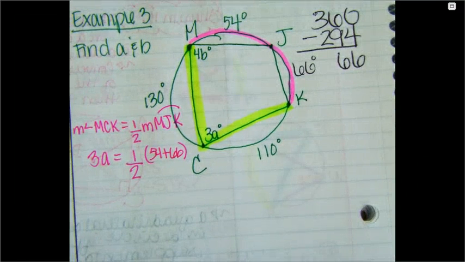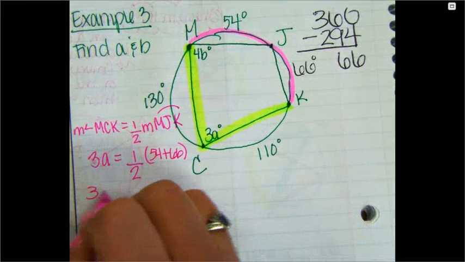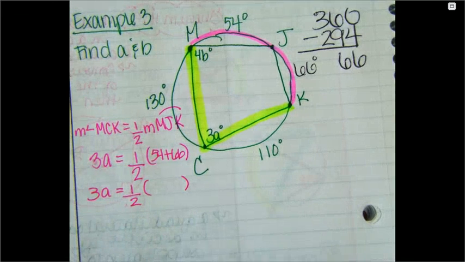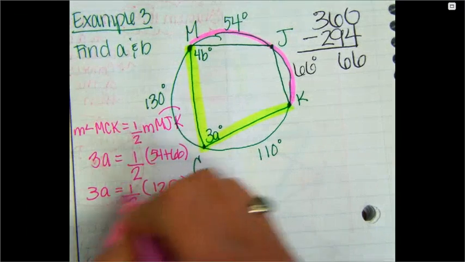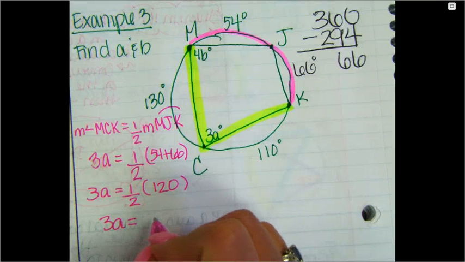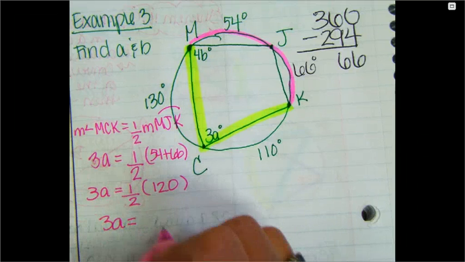Don't do it in your head. Write it out. So what is 54 and 66? How much? 120? What does it mean to multiply by 1/2? Divide by 2. So what's 120 divided by 2? 60.